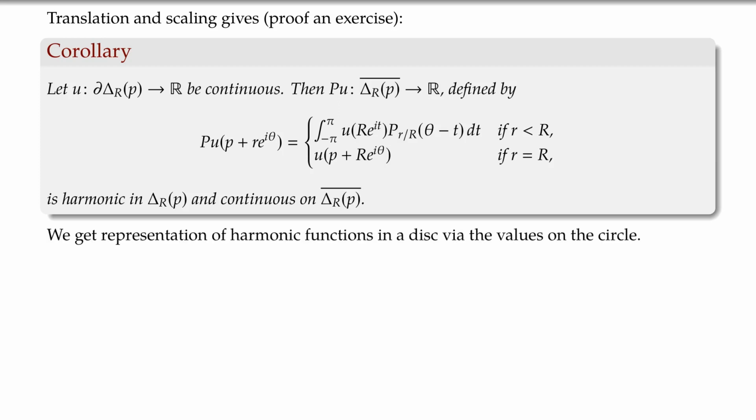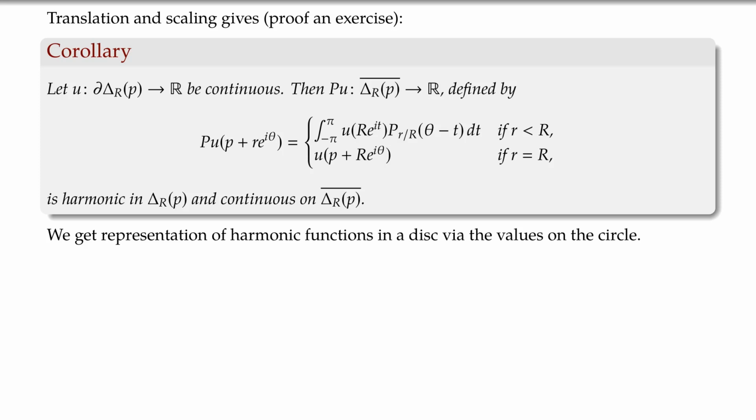All right, now what we get is a representation of harmonic functions in a disk, by the values on the circle. Now, why do we get that? Well, it's really because the Dirichlet problem is unique. The solution is unique, and this gives us the Poisson integral.